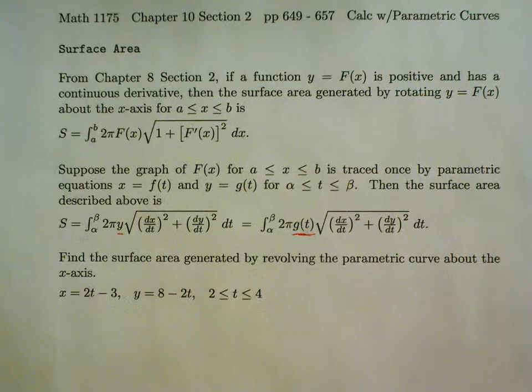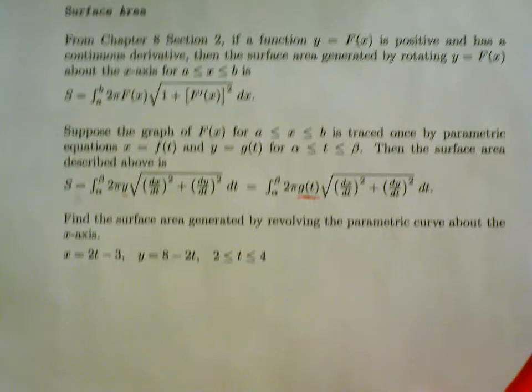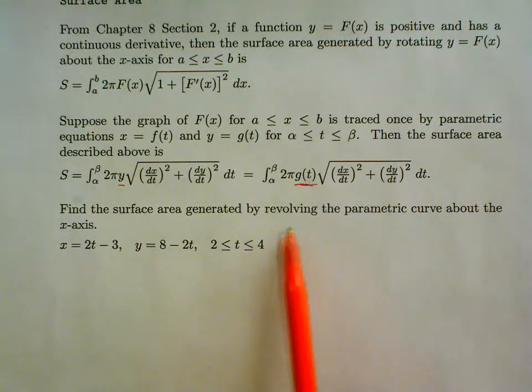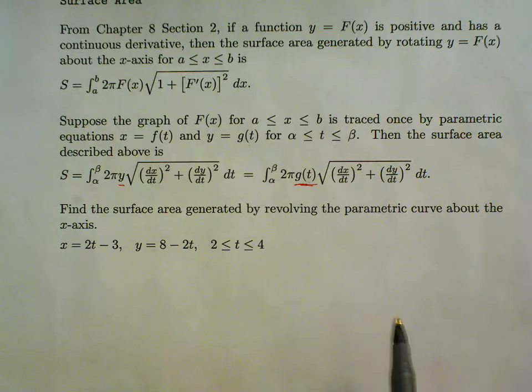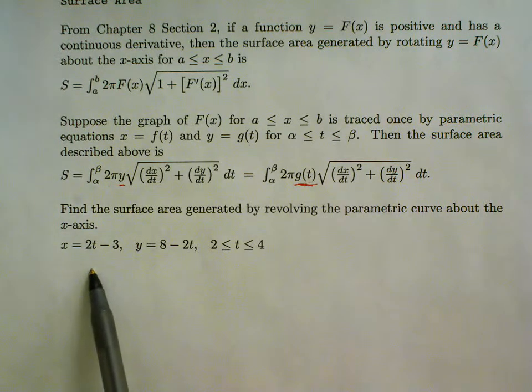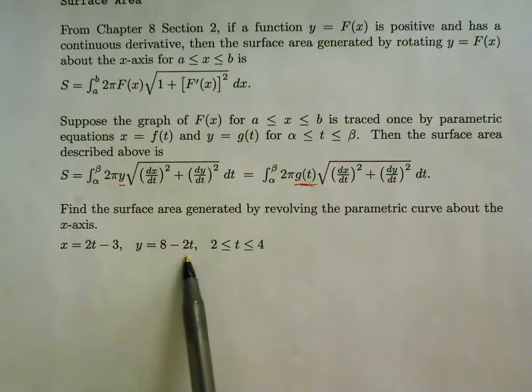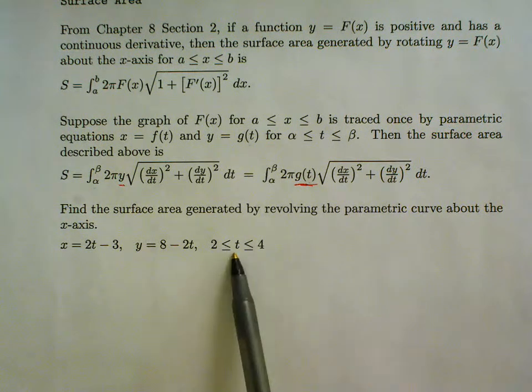Okay, so let's try that out on this one. Find the surface area generated by revolving the parametric curve about the x-axis. Okay, so x equals 2t minus 3 and y equals 8 minus 2t, and t is ranging from 2 to 4.